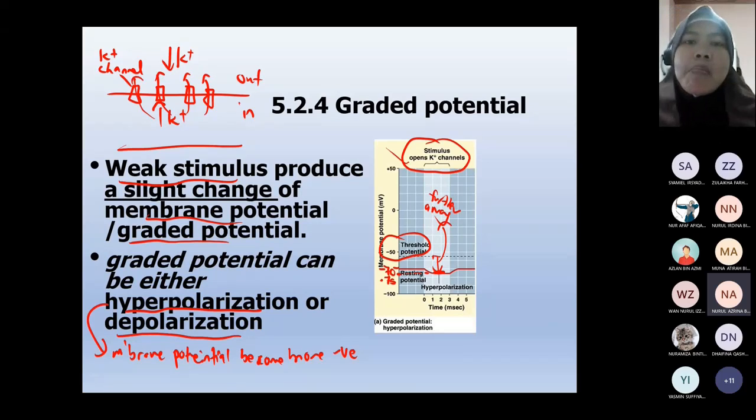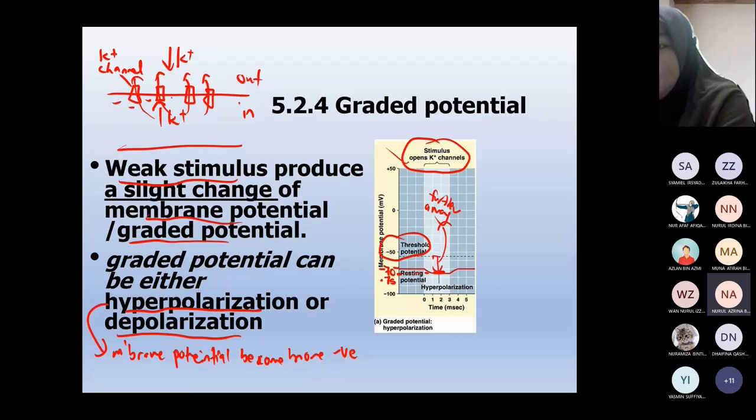Just imagine more and more potassium ion leaving the neuron from the cytosol to the extracellular fluid. That makes the inside of the membrane become more and more negative. So that is the reason that makes hyperpolarization happen. That is due to the weak stimulus causing the opening of potassium ion channels.